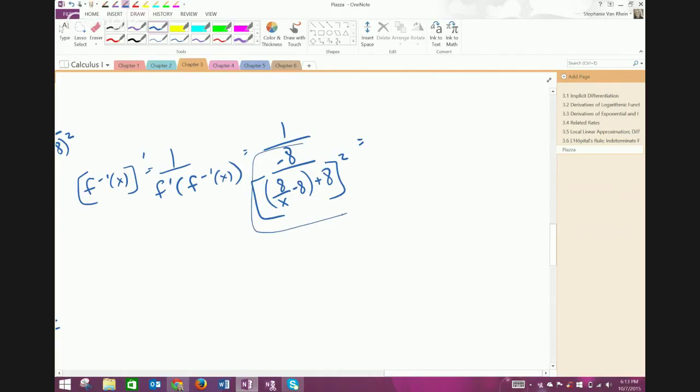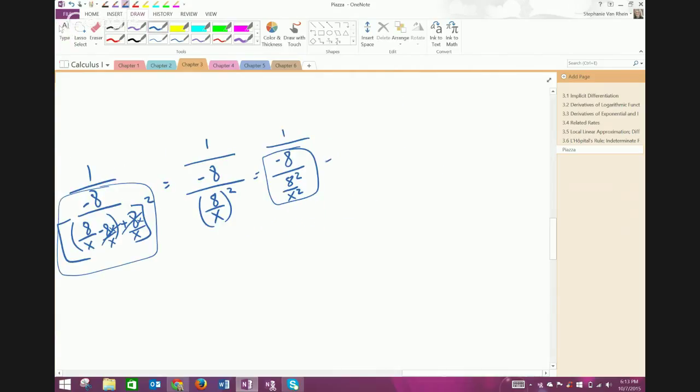So I had to simplify the denominator first. It's going to be very similar to last time. I have minus 8 over, I need a common denominator, so I multiply top and bottom by x, and then these two terms cancel, and I'm left with 8 over x quantity squared. So simplifying the denominator, I flip and multiply, so I have 1 over minus 8 over x squared, times 8 squared.